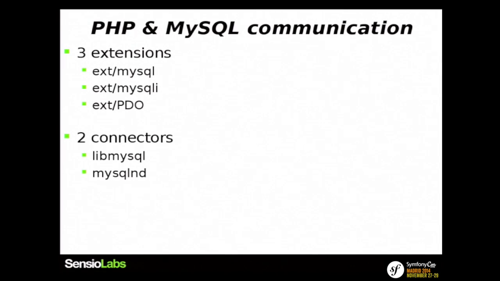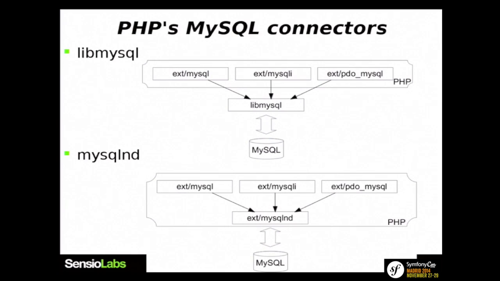And those 3 extensions need connectors to connect to MySQL servers, and you have the choice between 2 connectors nowadays, libmysql and MySQLnd. So this is when you use libmysql, and this is when you use MySQLnd.